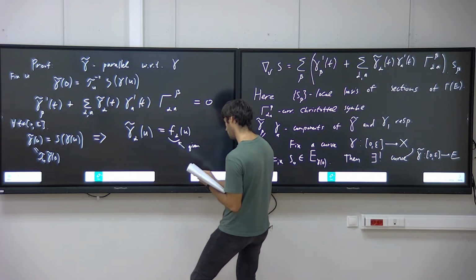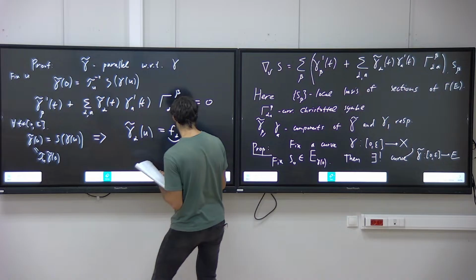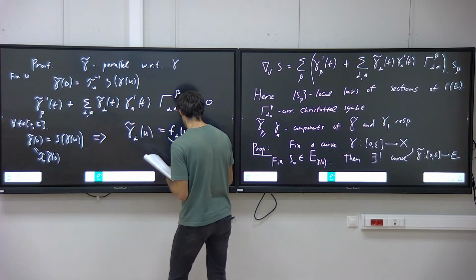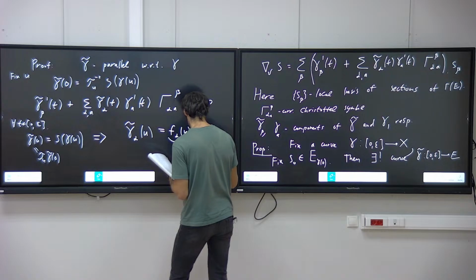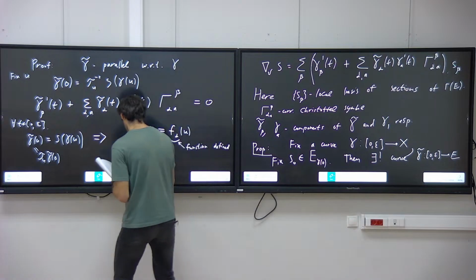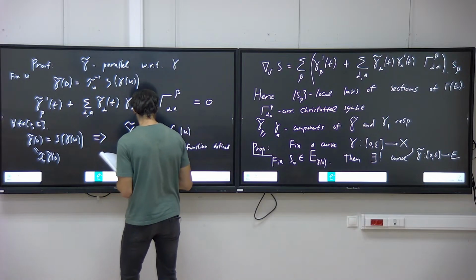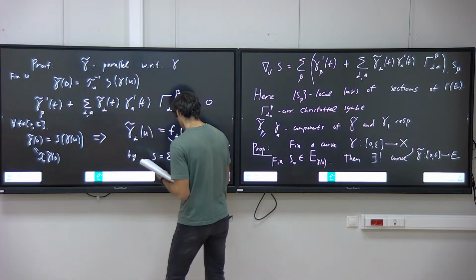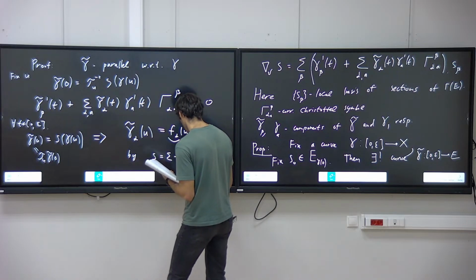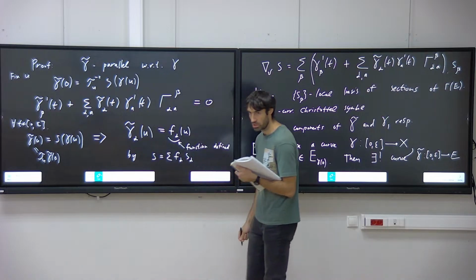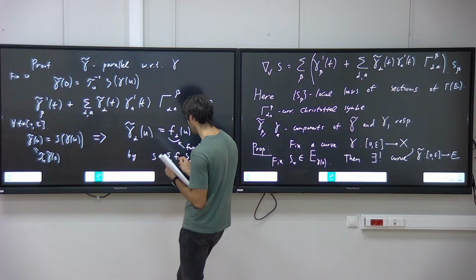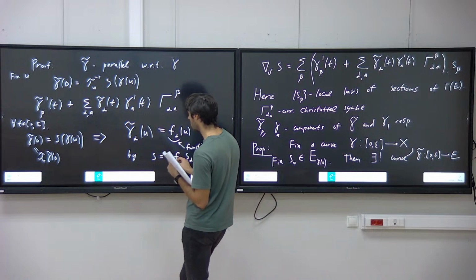So if I have s, then I decompose this s in my local basis of sections, and then the f alpha are smooth functions on x.